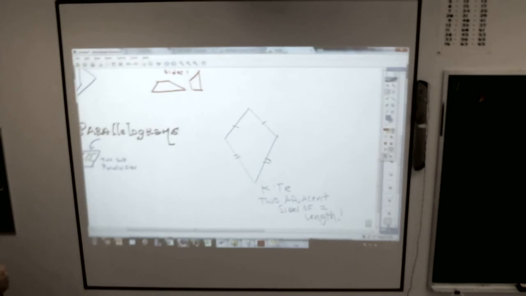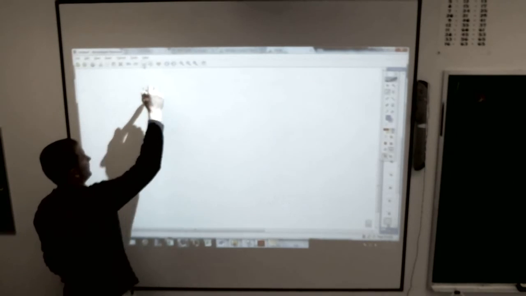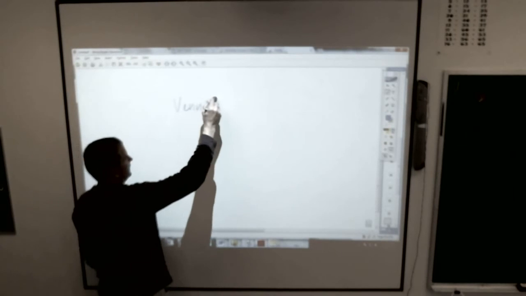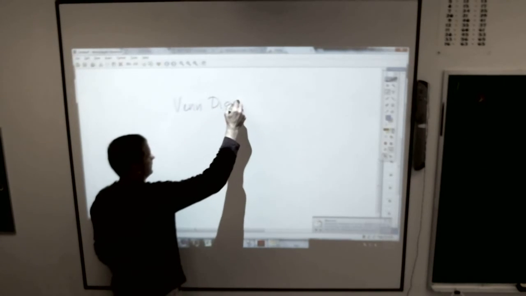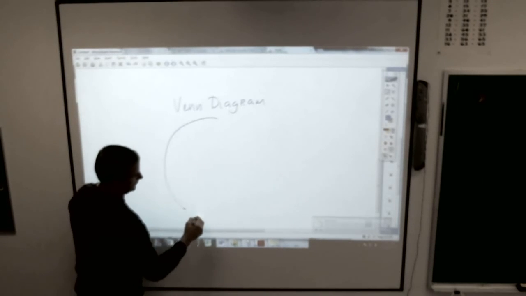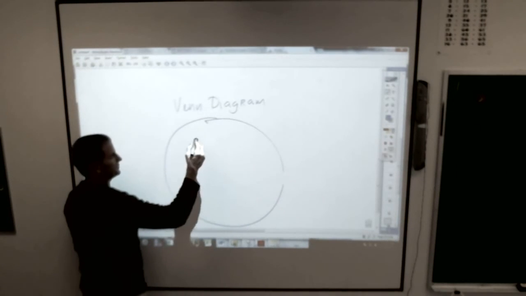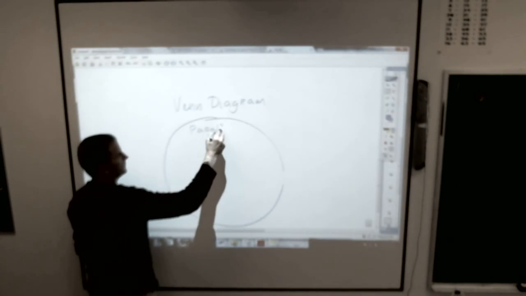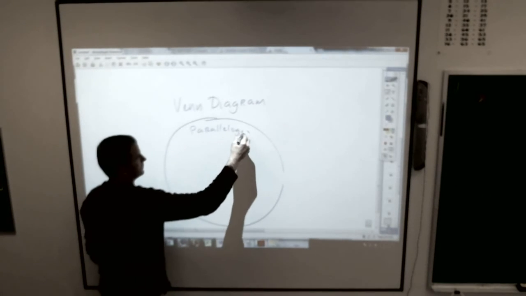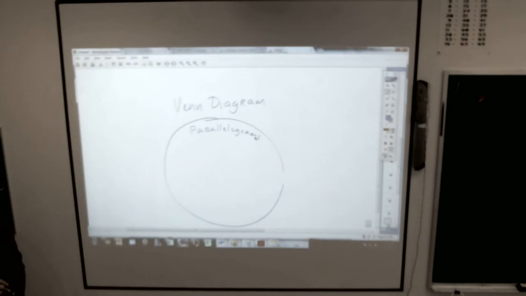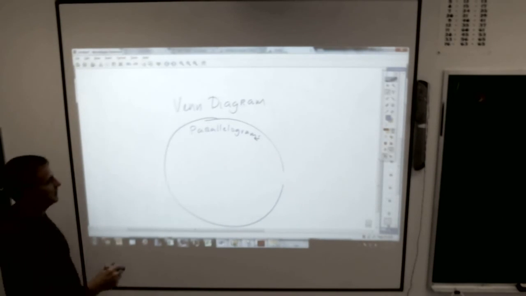And then I suppose let's write this in here. One way to talk about all this is to draw a Venn diagram. I know you use Venn diagrams and other things, where you use circles to represent things. For example, if this circle represents all parallelograms, what things are inside parallelograms?